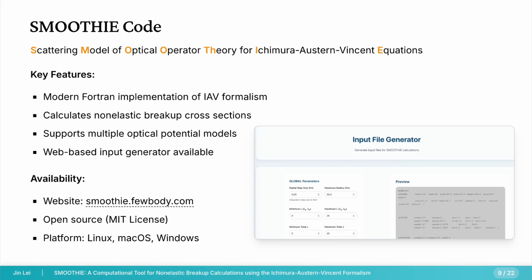Just below, the availability panel lists the website, smoothie.viewbuddy.com, notes that the project is open source under the MIT license, and confirms platform support on Linux, macOS, and Windows. That is exactly what Smoothie provides, a practical, open, and portable tool for inclusive breakup analysis.